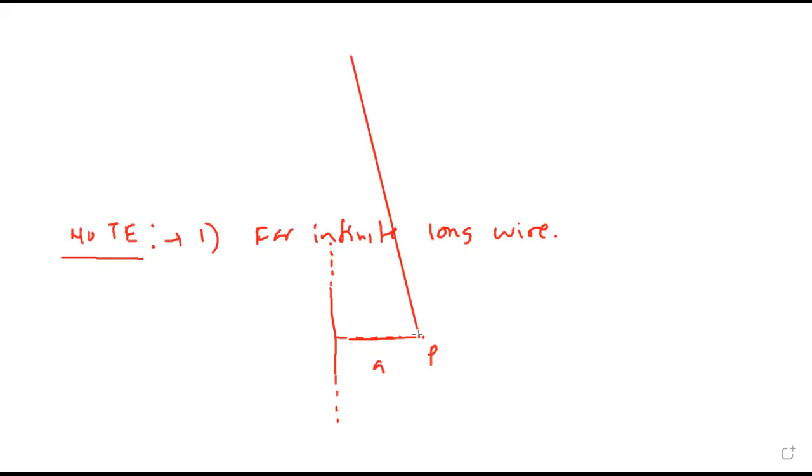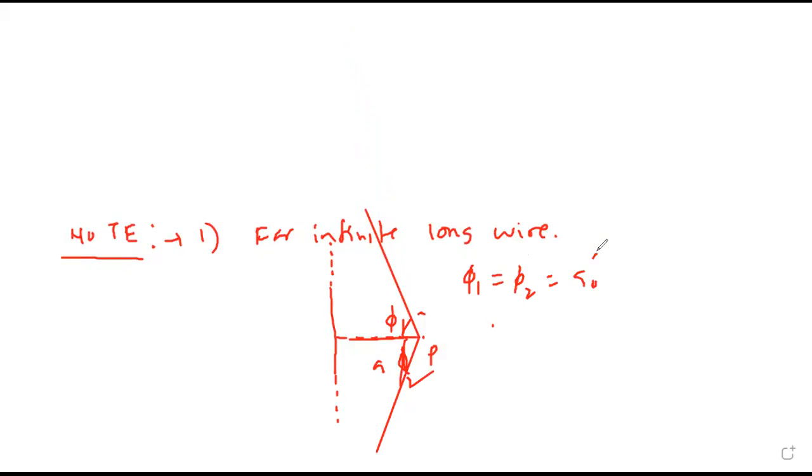So can I say for infinite long wire, this angles phi 1 and phi 2 will be 90, 90. This is phi 1. So for infinite long wire, phi 1 equal to phi 2, it is 90.